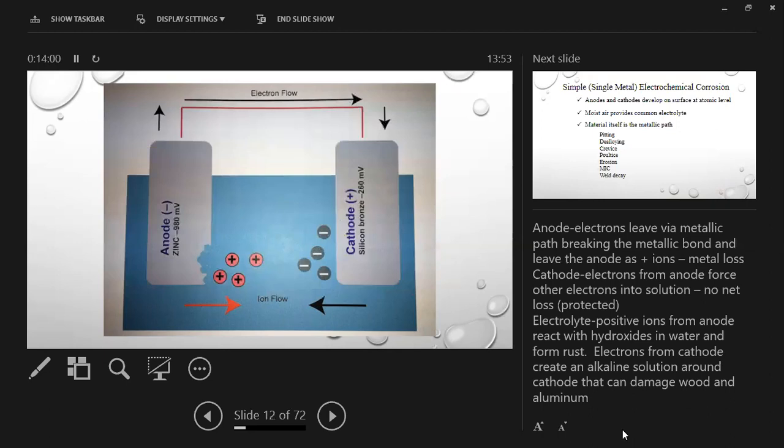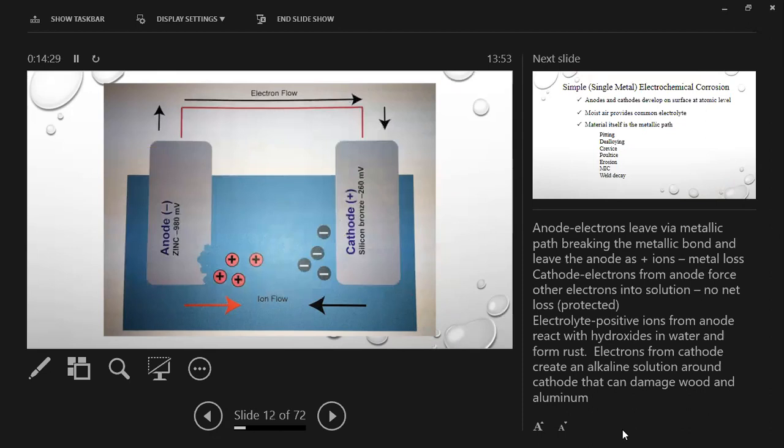The electrons that are jumping off of the cathode into the electrolyte are being replaced immediately by the electrons flowing into it from the anode. So that's protected metal. The cathode is the protected metal. That's why we can protect our bronze prop stainless shafts, because the anode is providing the electrons.